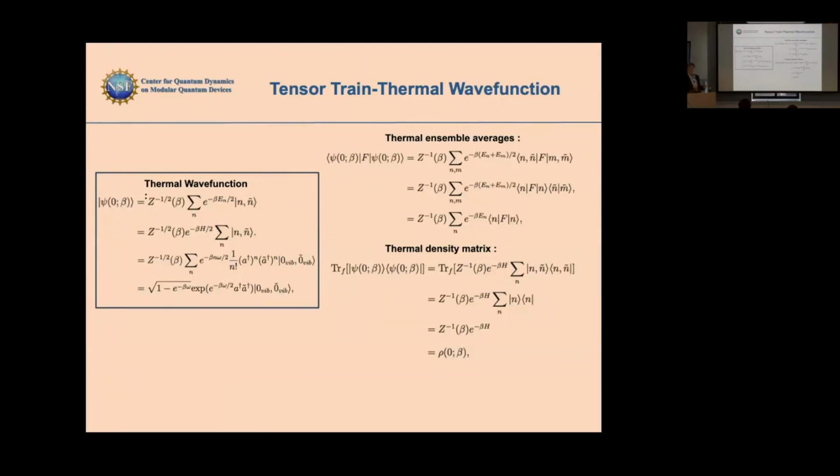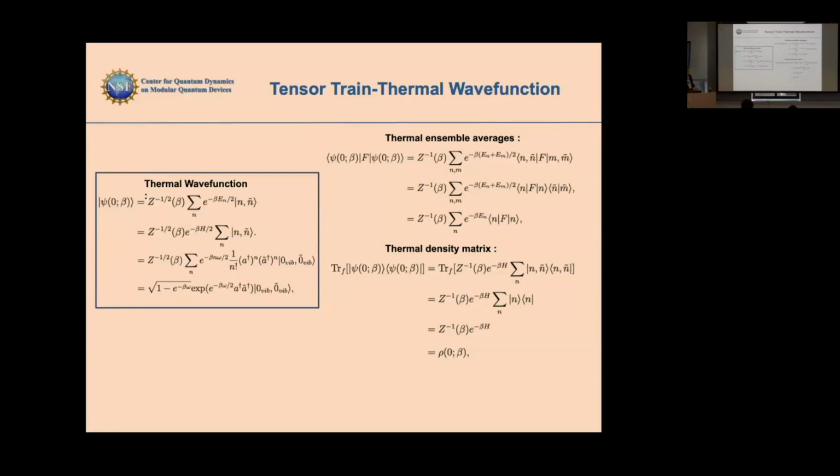So first of all, this is what the thermal wave function is with those fictitious degrees of freedom, and this is when it is at thermal equilibrium initially, and one can really integrate this and find that this is the operator that squeezes vacuum and generates the thermal state that corresponds to the state where we have the Boltzmann population for each of the states.